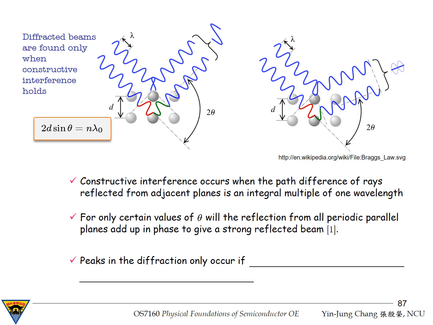Another important point is that diffraction peaks occur only when the wavelength is comparable to the lattice spacing. In fact, the condition lambda naught must be smaller than 2d must hold for diffraction to occur. This explains why X-rays are ideal for studying crystals, because typical atomic spacings are on the order of a few angstroms, which matches X-ray wavelengths very well.